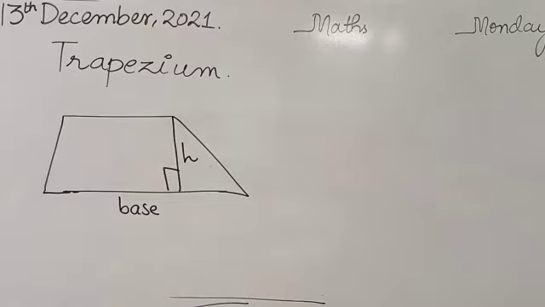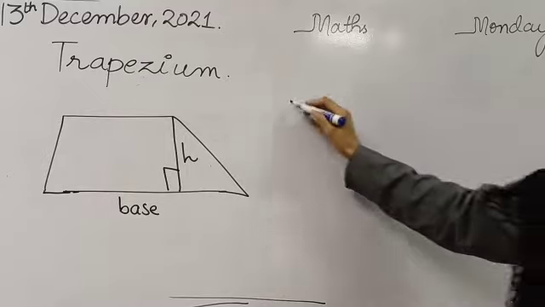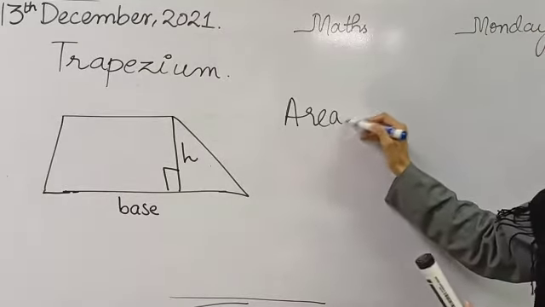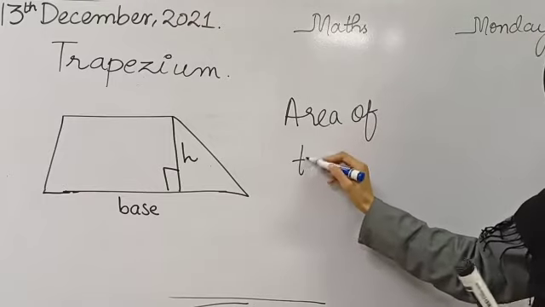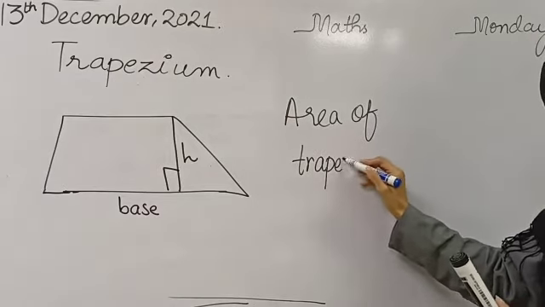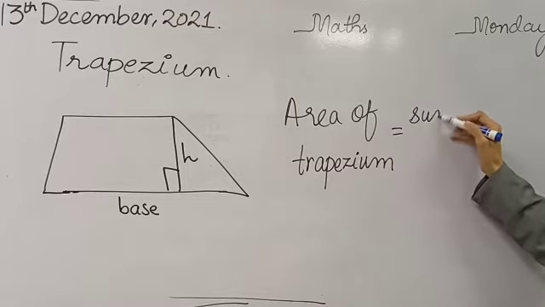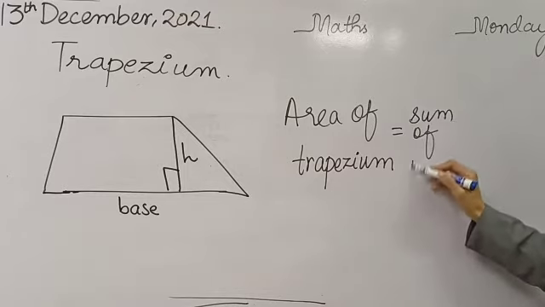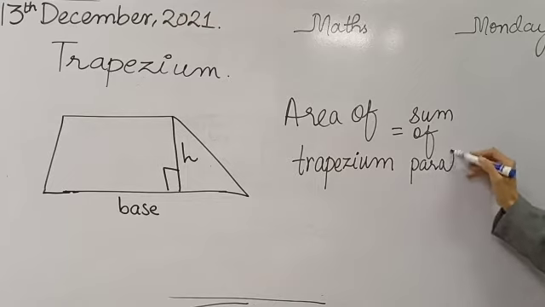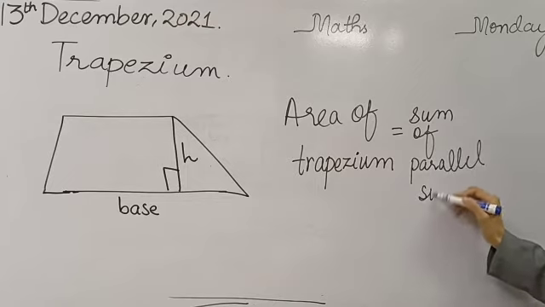Okay? To find out the area of a trapezium, we will write the formula. Area of trapezium is equal to sum of parallel sides. What are parallel sides here?